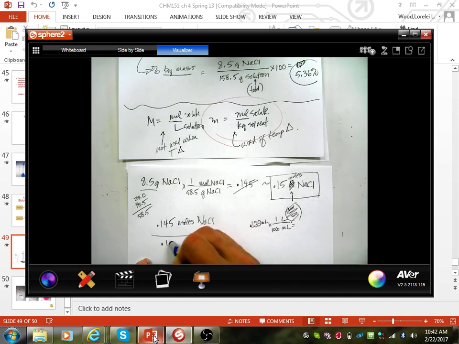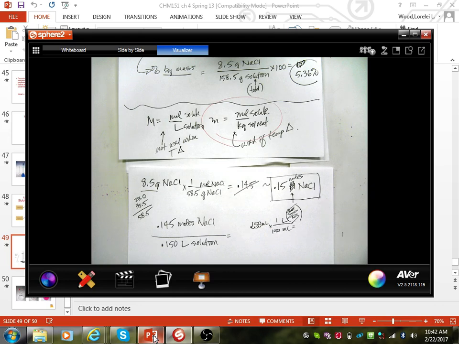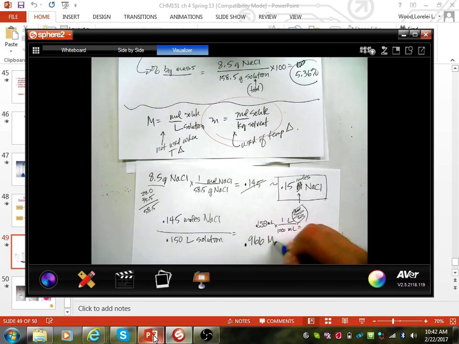So it's 0.150 liters of solution. And we're going to assume that the NaCl doesn't take up much room. All right, what's 0.145 divided by 0.150? What is that? 0.966. All right, there's our answer.